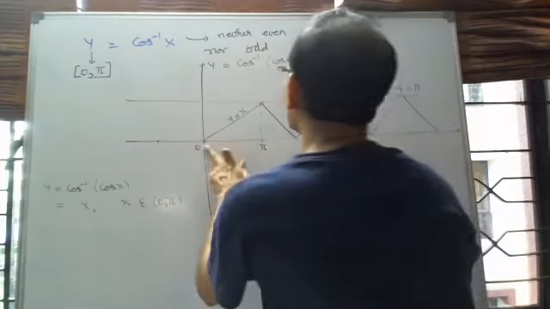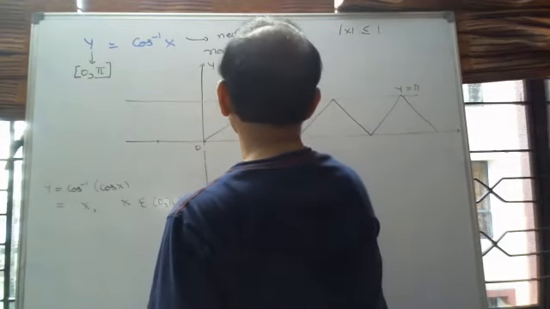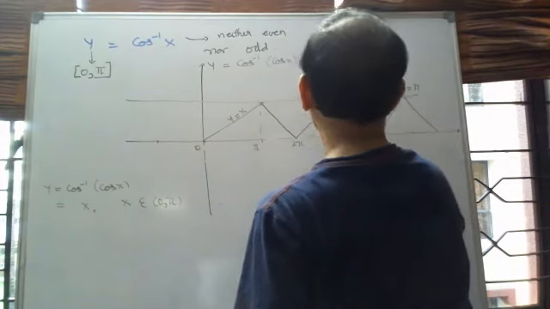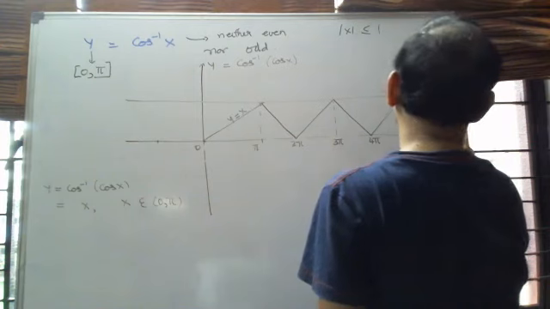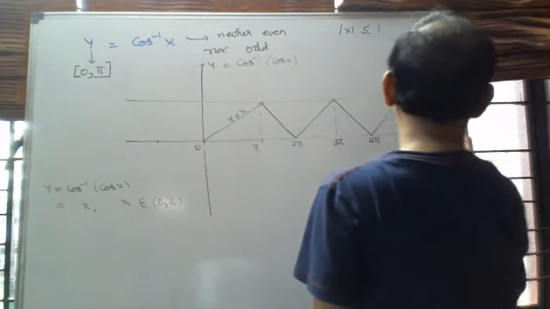On the axis mark 0, pi, 2 pi, 3 pi, 4 pi, 5 pi, 6 pi.